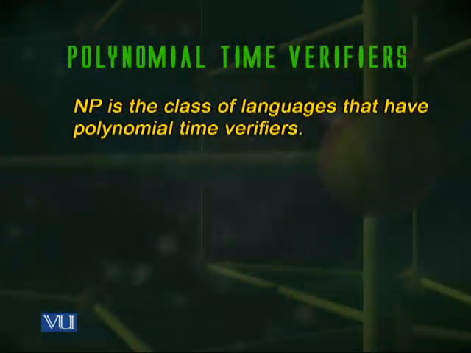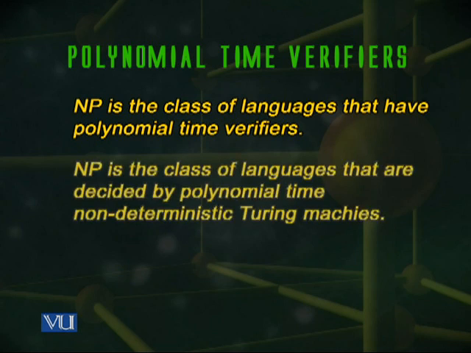Now we will define the class NP. We are going to define it in two different ways. Firstly, NP is the class of languages that have polynomial time verifiers. So NP is the set of all those problems which have polynomial time verifiers. Another definition of NP is that NP is the class of languages that are decided by polynomial time non-deterministic Turing machines.